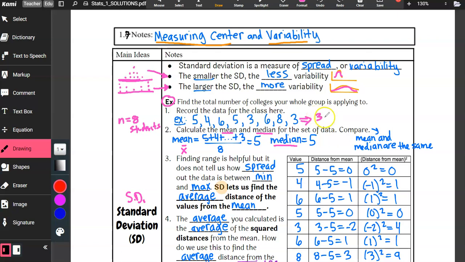So just put them in order: 3, then we go to 4. I see a 5 and a 5, 6. Oh, there's another 3 there. So there was a 3 and a 3. There was a 5 and a 5, a 6 and a 6, and the biggest number is an 8.